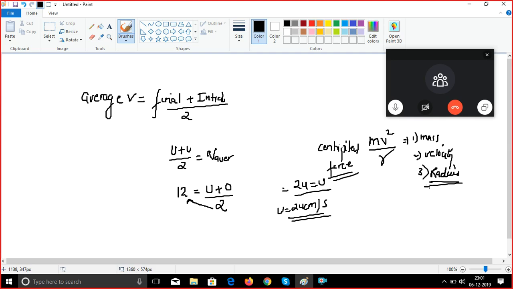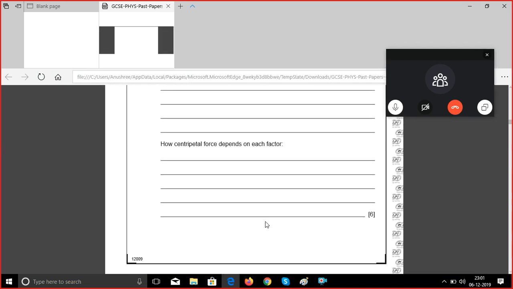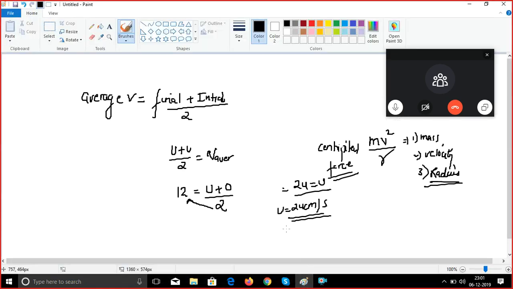So velocity of movement, and how centripetal force depends on each factor. According to this formula, you have to describe how it's dependent on each factor.